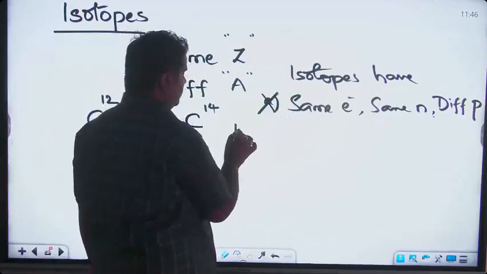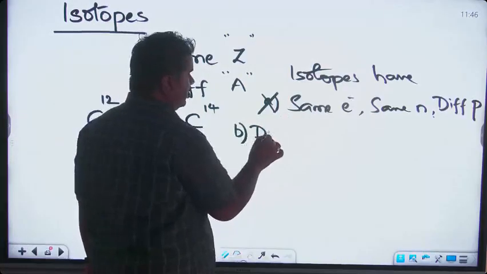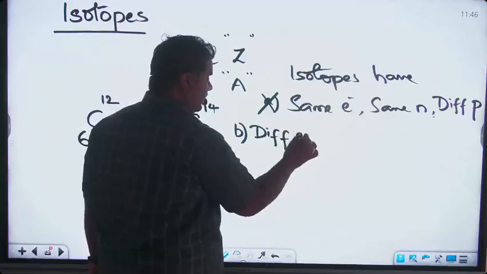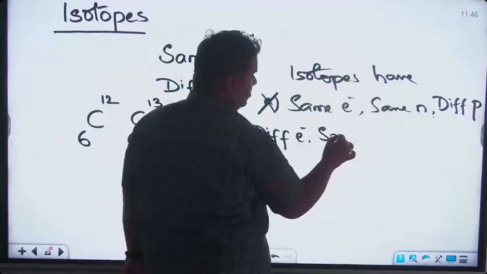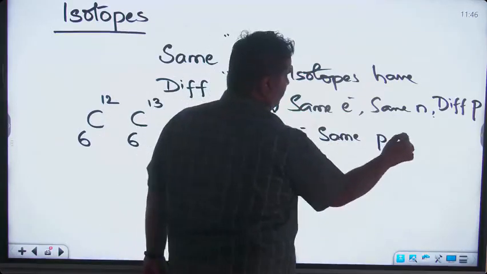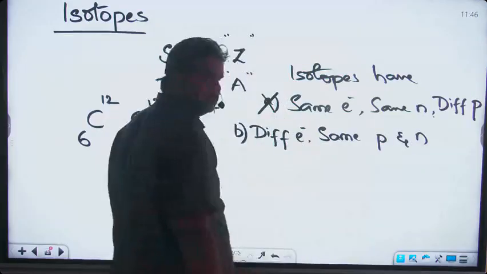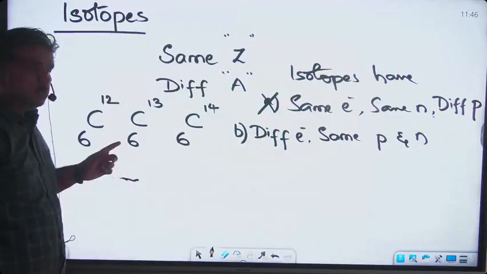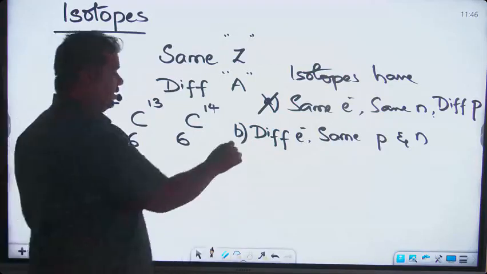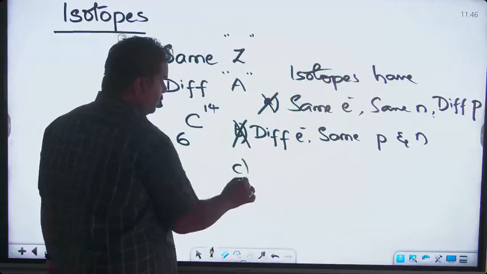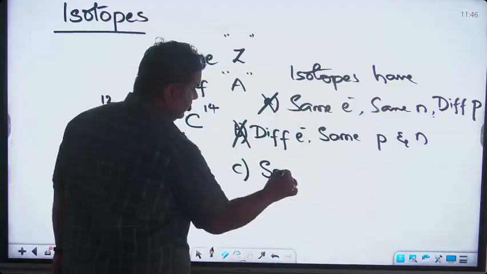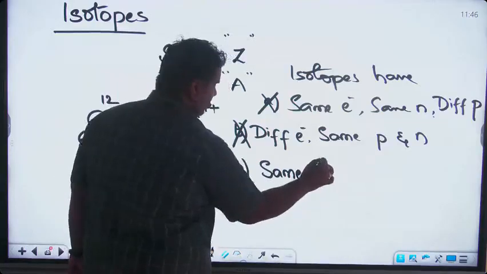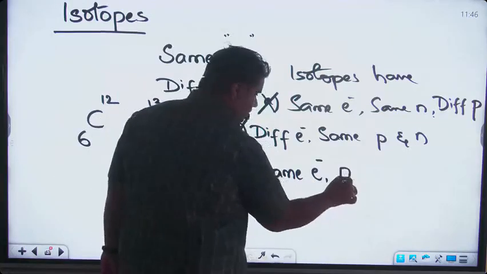Suppose you go for the second one: isotopes have different electrons but the same number of protons and neutrons. Even this is a wrong one.